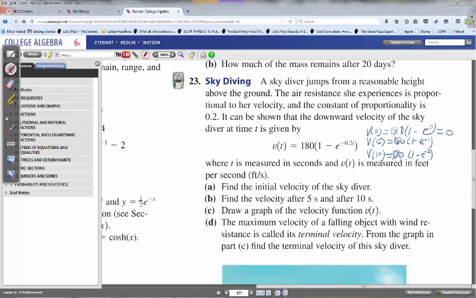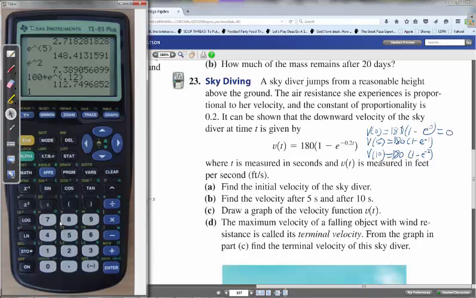If we do those calculations, 180 times, in parentheses, 1 minus e to the negative 1, or 1 over e if you prefer. I might as well do the other one too before I switch back over to this. So I'll just change that to a negative 2.